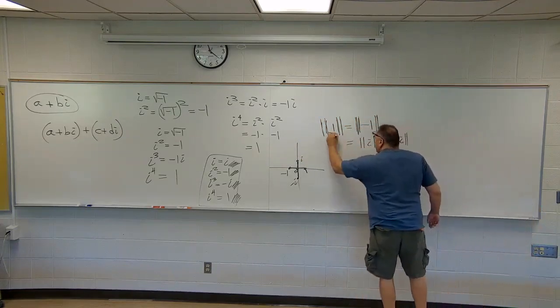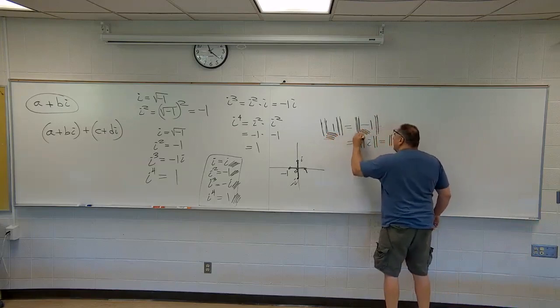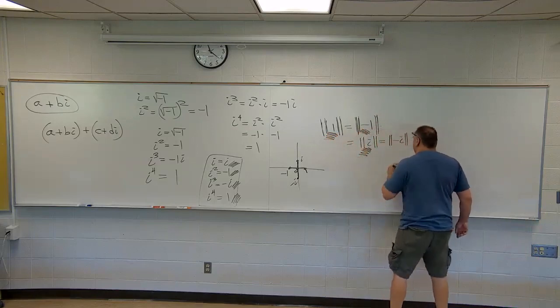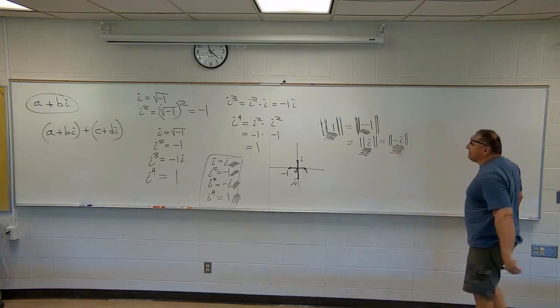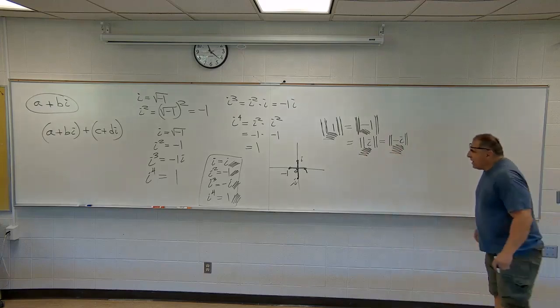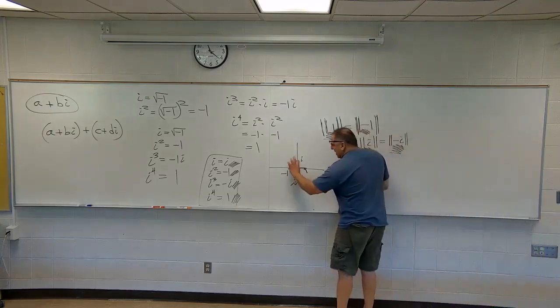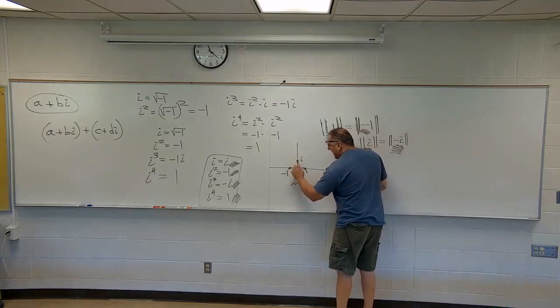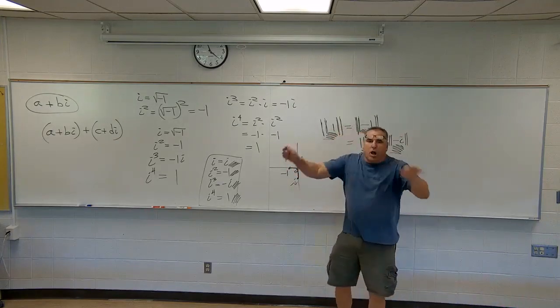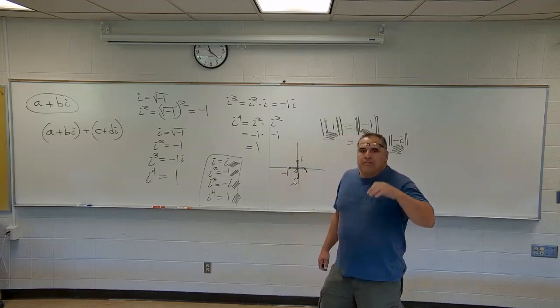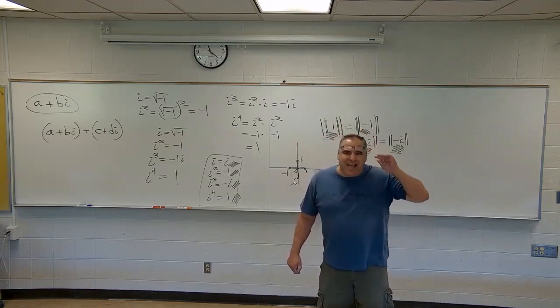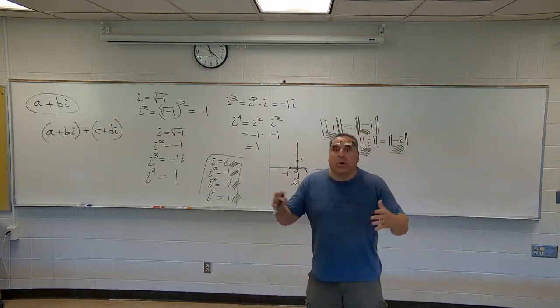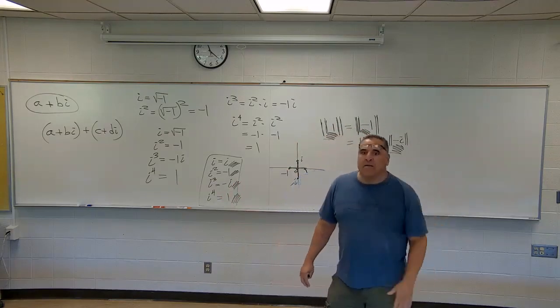The magnitude of 1 is equal to the magnitude of -1, is equal to the magnitude of I, is equal to the magnitude of -I. The length of this leg, the length of that leg, and the length of that leg are all equal.